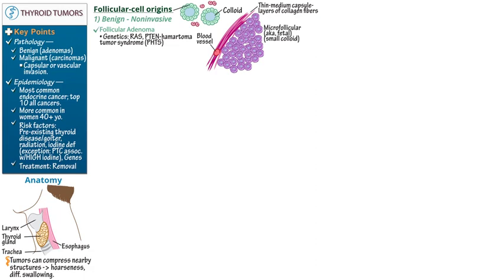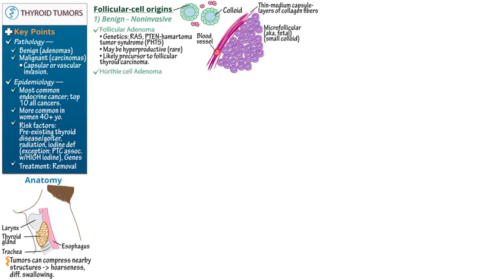Adenomas are also associated with PTEN hamartoma tumor syndrome, which results from germline mutations in the PTEN tumor suppressor gene. Rarely, follicular adenomas are hyperproductive or toxic and produce high levels of thyroid hormone. Review hyperthyroidism via the links in our notes. Although follicular adenomas are benign, genetic associations tell us that they are likely precursors for follicular thyroid carcinomas.